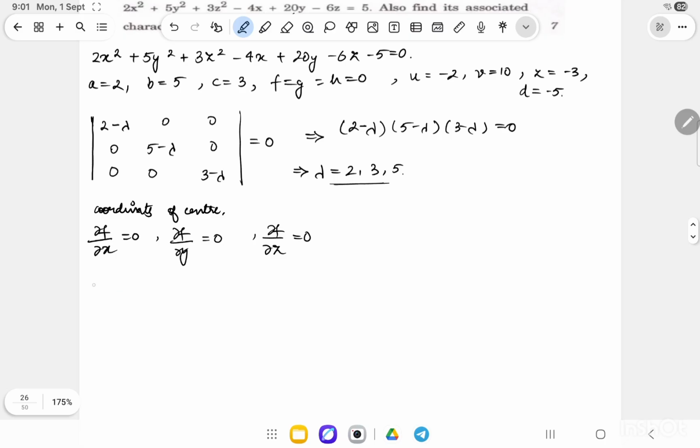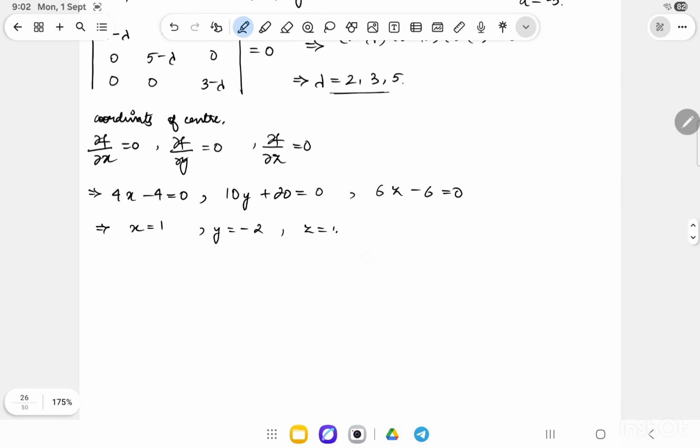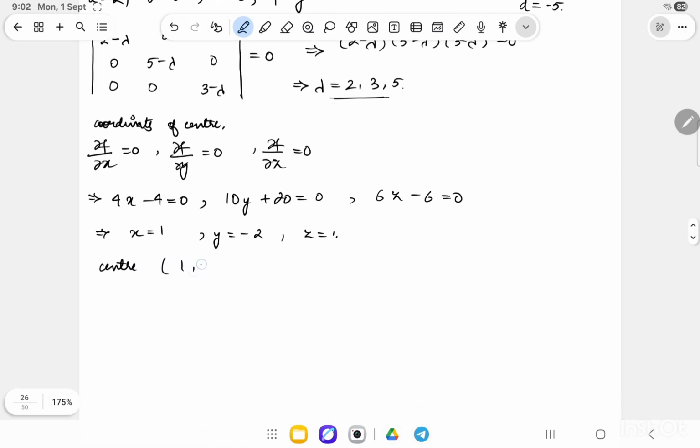So if I compare, I'll be getting 4x minus 4 equals to 0 and del f by del y will be 10y plus 20 equals to 0 and 6z minus 6 equals to 0. So if I solve it, I'll be getting x equals to 1, y equals to minus 2 and z equals to 1. So basically my center of the given equation is 1, minus 2, 1.